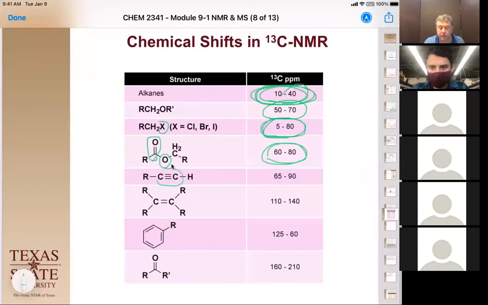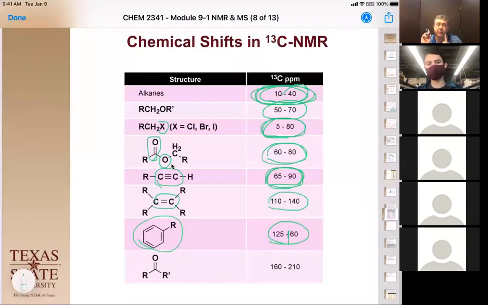The actual carbons in the alkyne are shifted even higher, almost to 90 ppm. Our alkenes are shifted higher to around there. Now there's a typo in my slide here. Benzene rings show up from 125 to 160. That's not 60, it should be 160. Sorry for that.